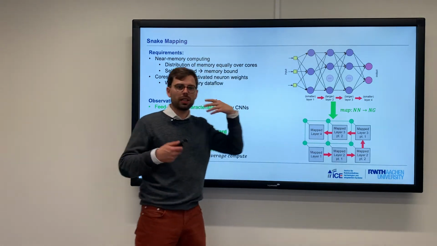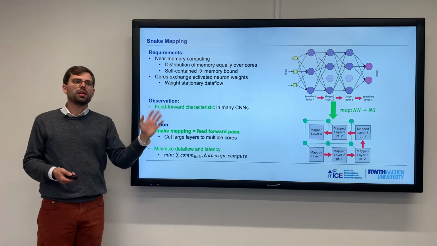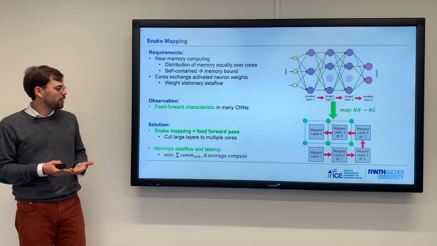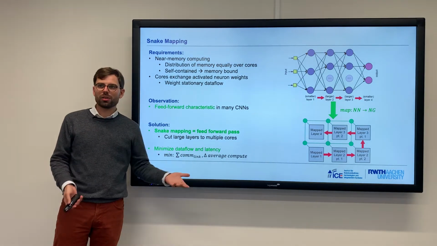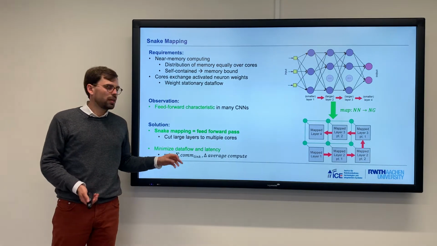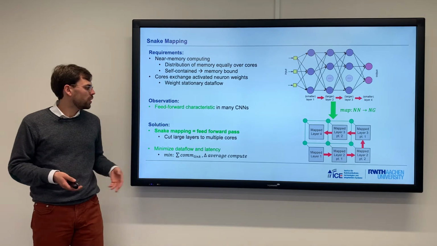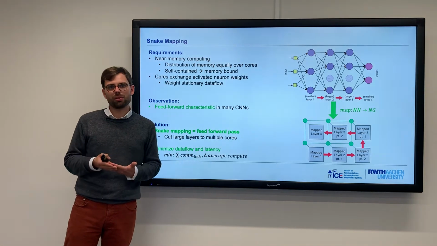So basically you can just lay them linearly over the mesh. And by that you can directly minimize data flow and latency here, measured in terms of the sum of communication weights over all links and the average deviation from the compute load.